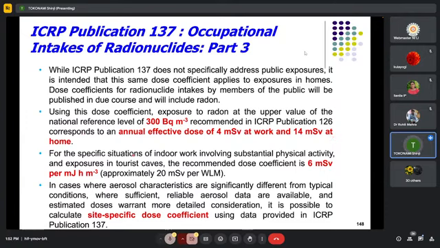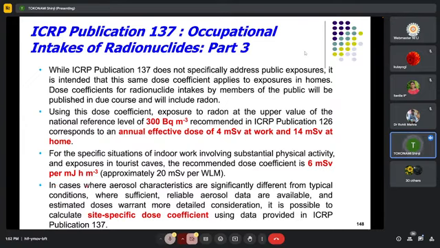For the specific situations of indoor work involving substantial physical activity and exposure in tourist caves, the recommended dose coefficient is 6 millisievert per mJ h per cubic meter, approximately 20 millisievert per working level month.